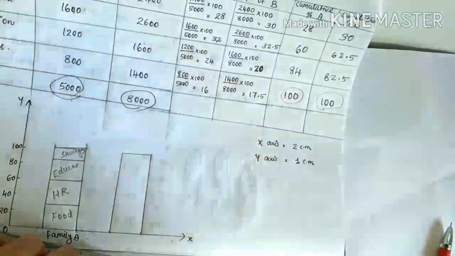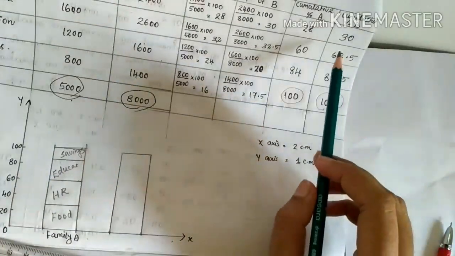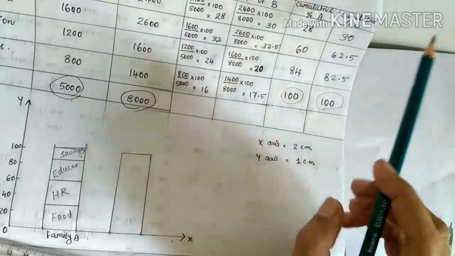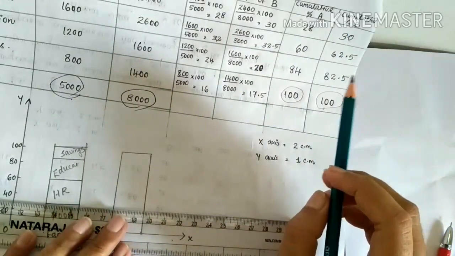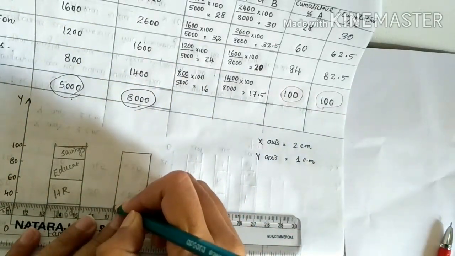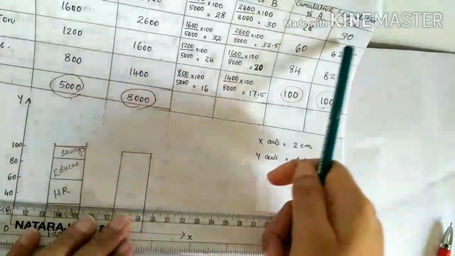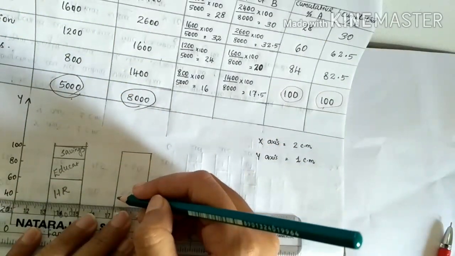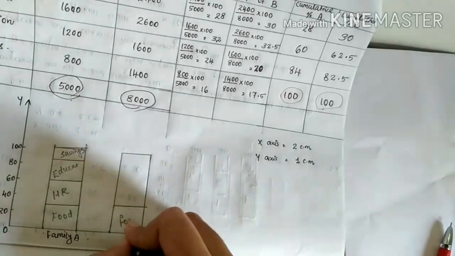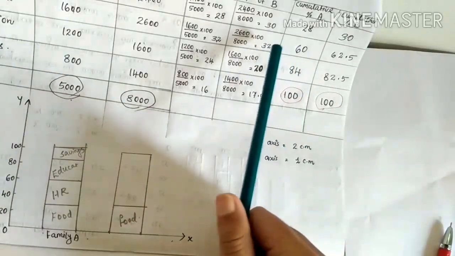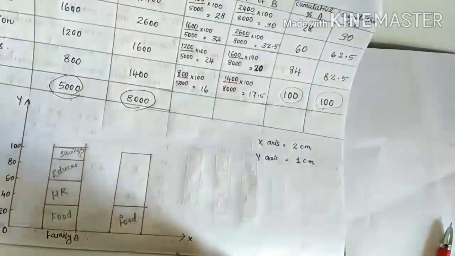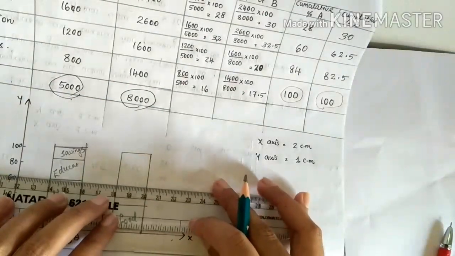After drawing the total length of the bar, first we have to plot the first item, food. The cumulative percentage of food is 30. So we have to draw 30. It shows food. And next, the cumulative percentage of B for house rent is 62.5.